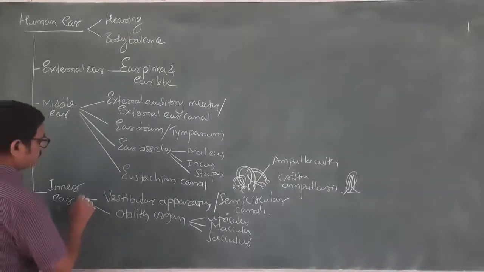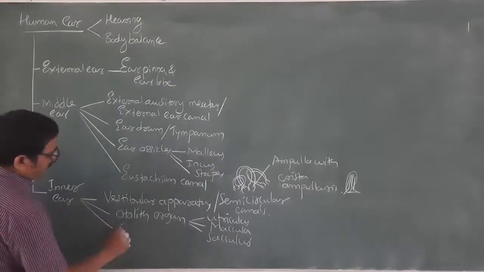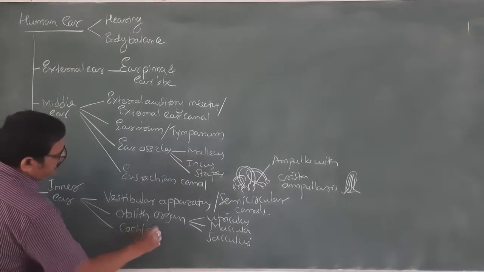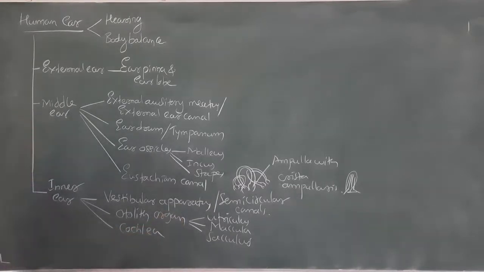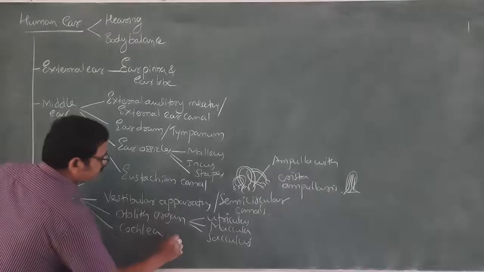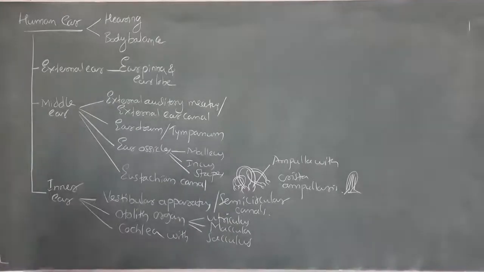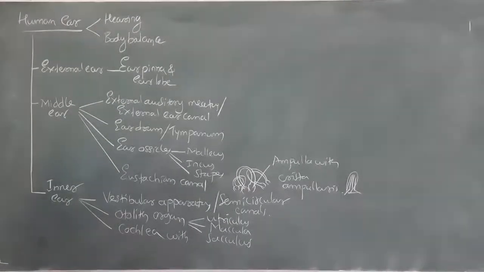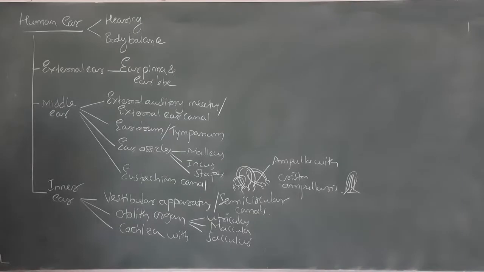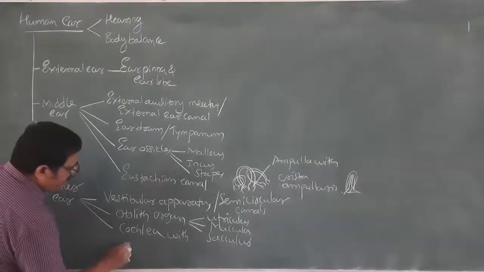Other than this, you will find the cochlea. In the cochlea we find the Reissner's membrane, the basilar membrane, as well as the organ of Corti.